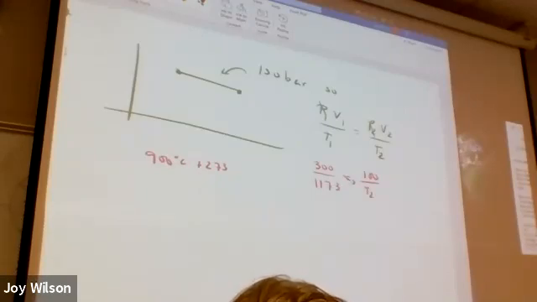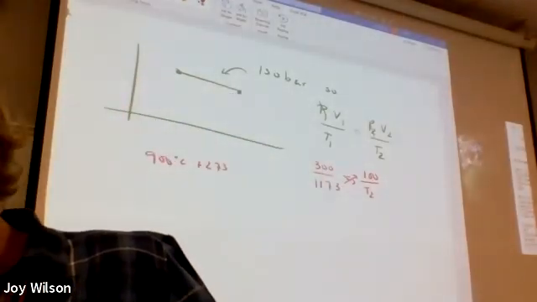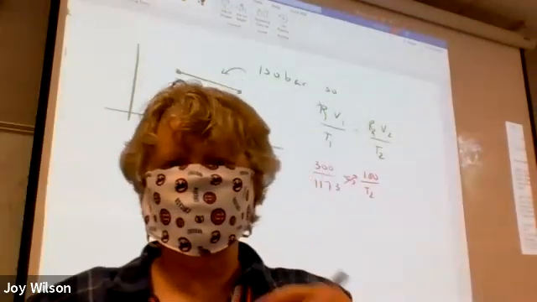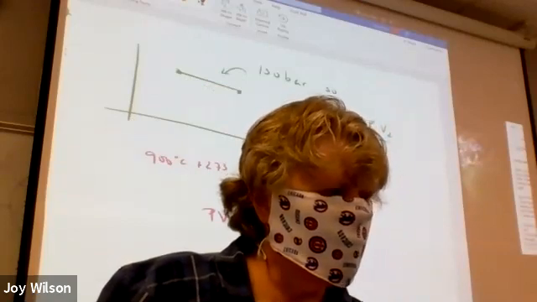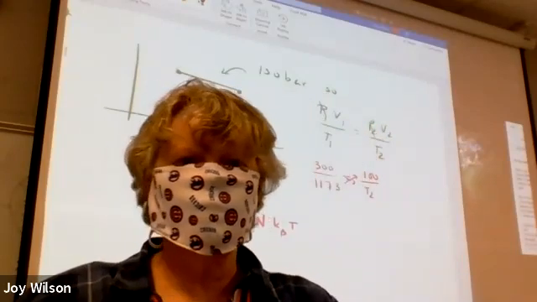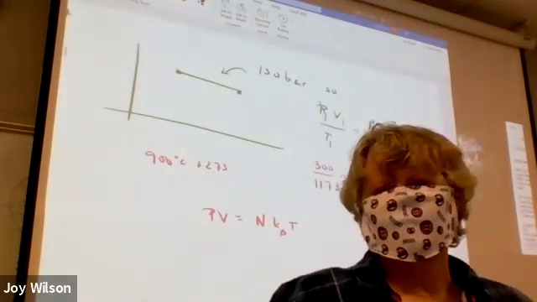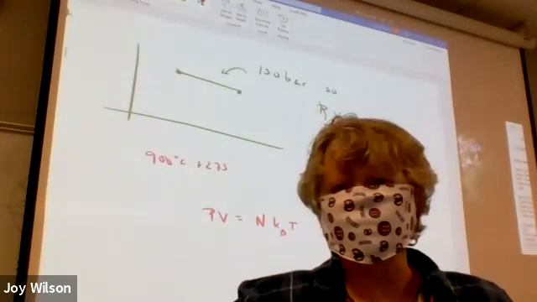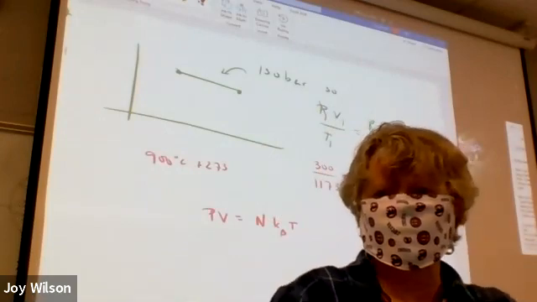So this is how you can find T2, using the combined gas laws. And then for how many moles of gas there are, you go to PV equals number of moles, k Boltzmann's, temperature. You can use either one of the two spots because they'll have to be the same. The reason you can't use Celsius is because temperature's in the denominator and Celsius has a 0. So we don't ever use Celsius for the combined gas law.